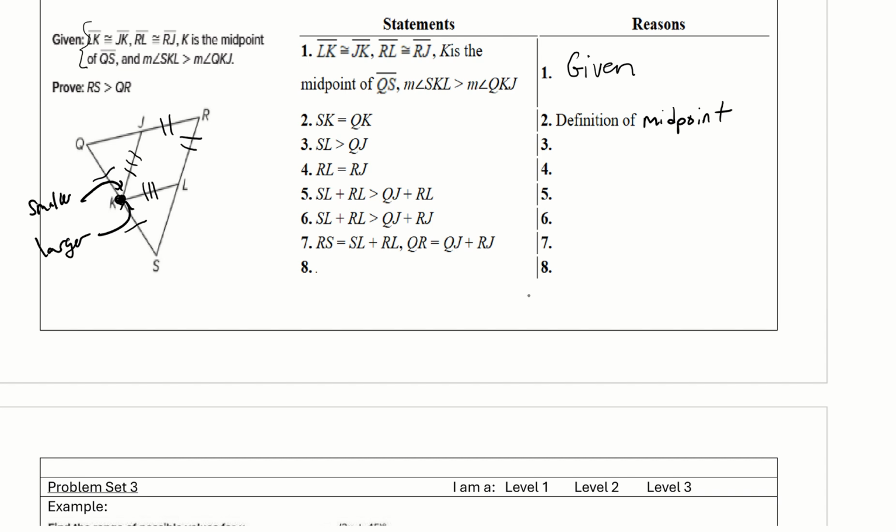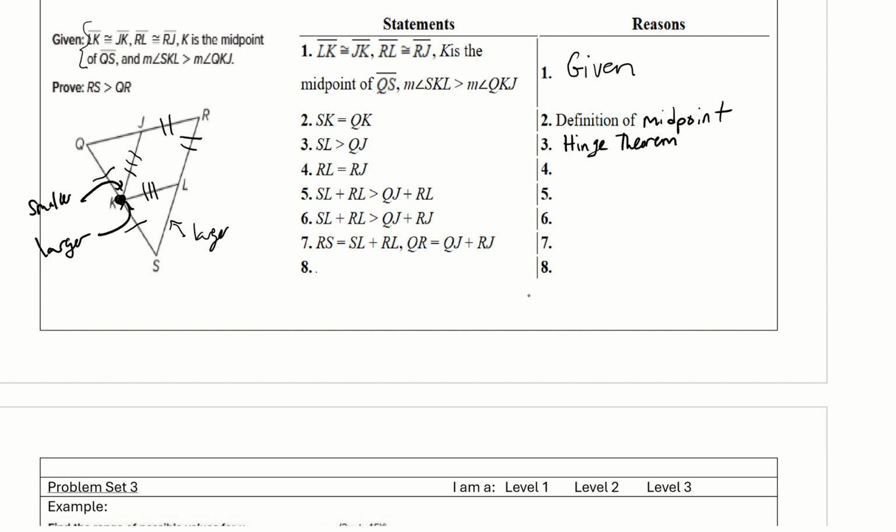If this angle is larger, then that side has to be bigger. That's just something to keep in mind. So this side has to be larger than this one, and that is by the Hinge theorem.